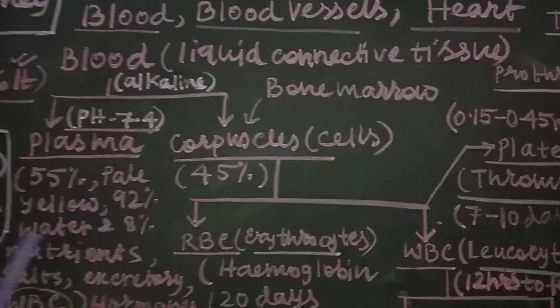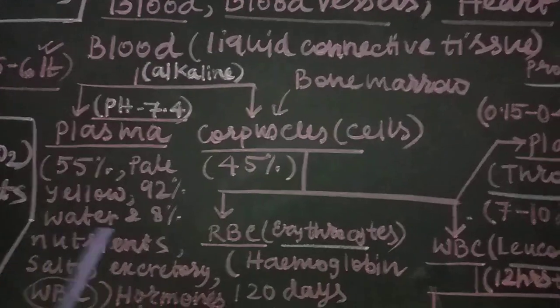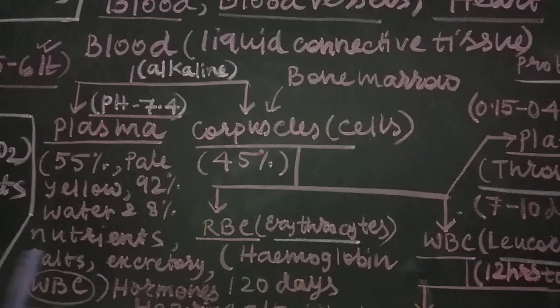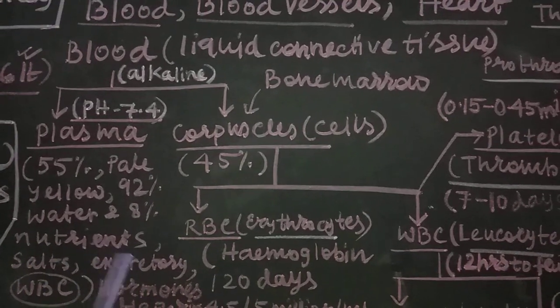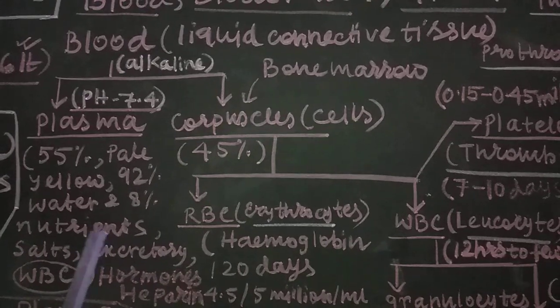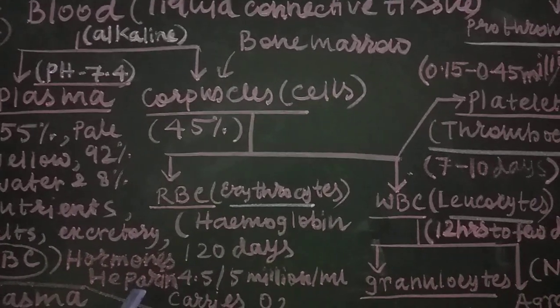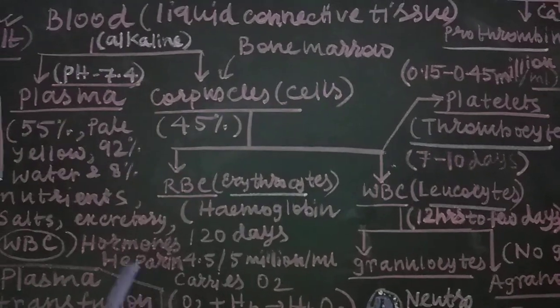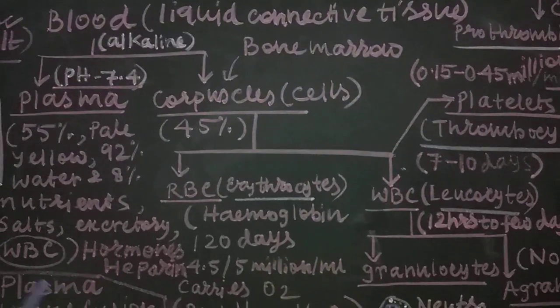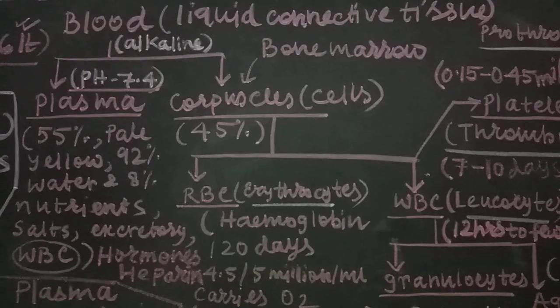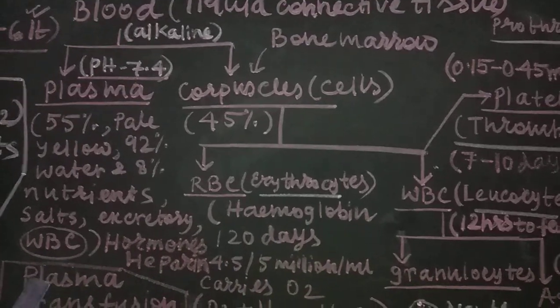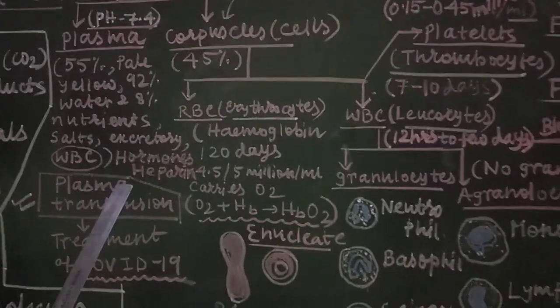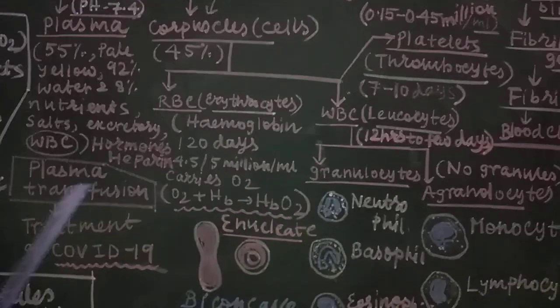Its constituents are 92% water and 8% nutrients, different salts, excretory products, hormones, and heparin. Heparin is a chemical which helps the blood not to clot when it is flowing through the blood vessels. It also contains WBCs. You must be hearing about plasma transfusion in the news media or reading about this in the newspaper.